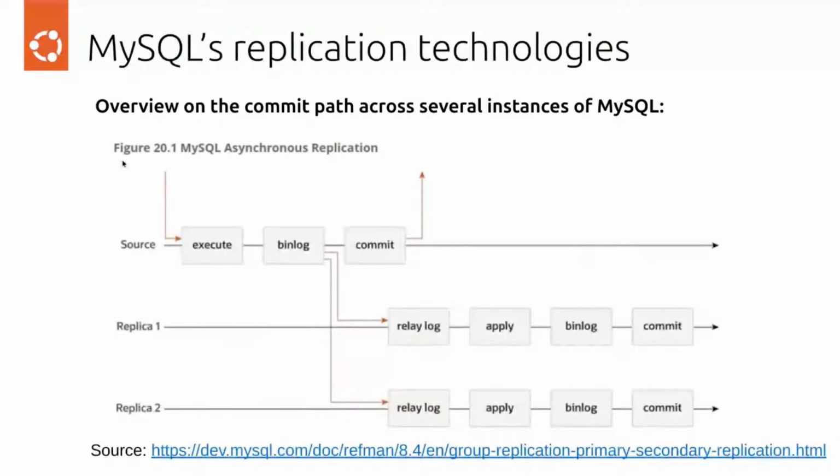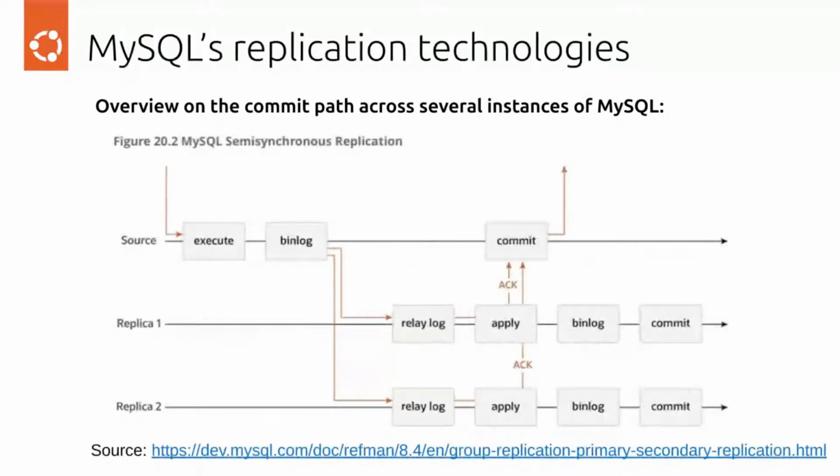There is another plugin called semi-synchronous replication, which is a variant of the asynchronous replication mechanism, where the source, the primary server, will only send a successful commit acknowledgement back to the client if a configurable number of replicas did receive the changes in the relay log, even if they are not yet applied to the replica's database files.